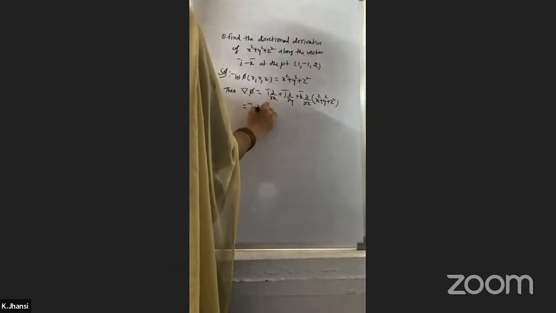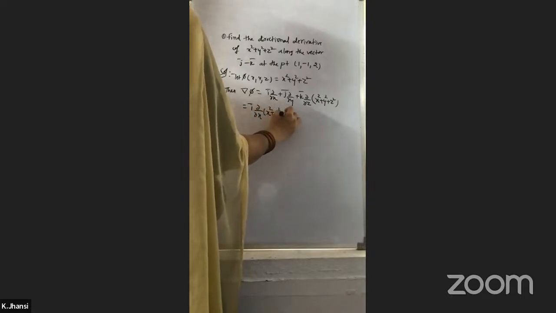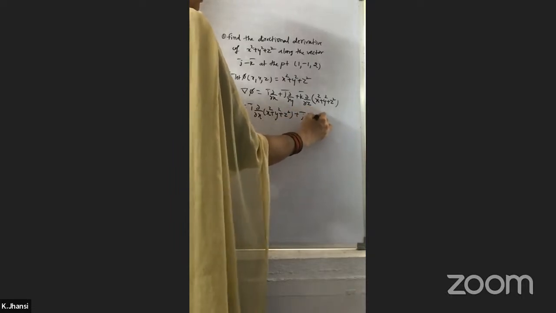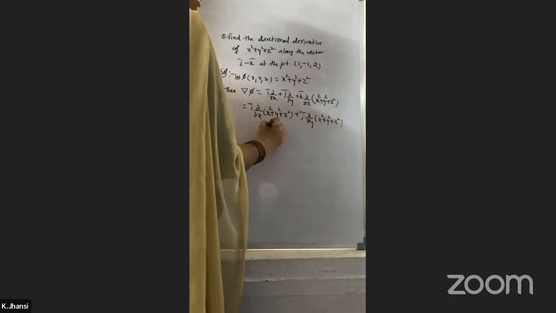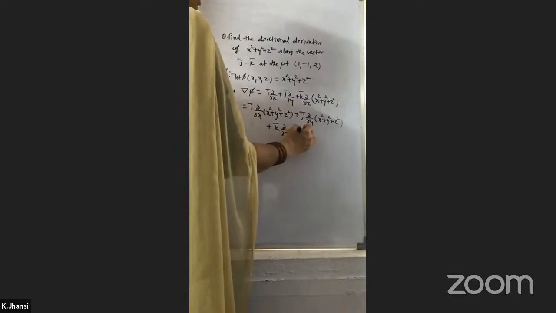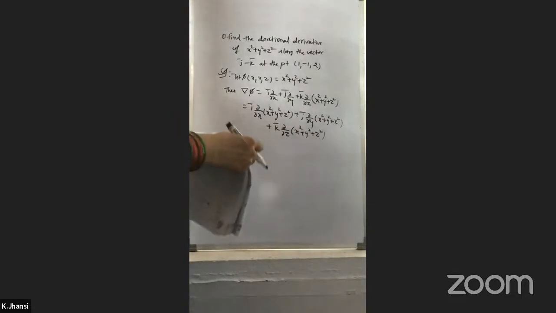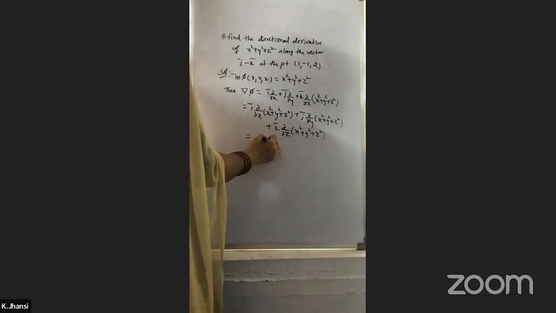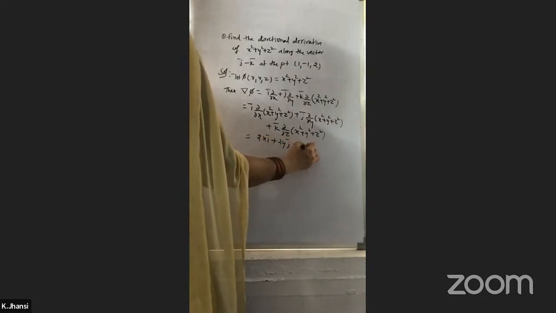That is i dou by dou x of x square plus y square plus z square, plus j dou by dou y of x square plus y square plus z square, plus k dou by dou z of x square plus y square plus z square. Okay. So if you do the partial differentiation, you will get 2xi plus 2yj plus 2zk.